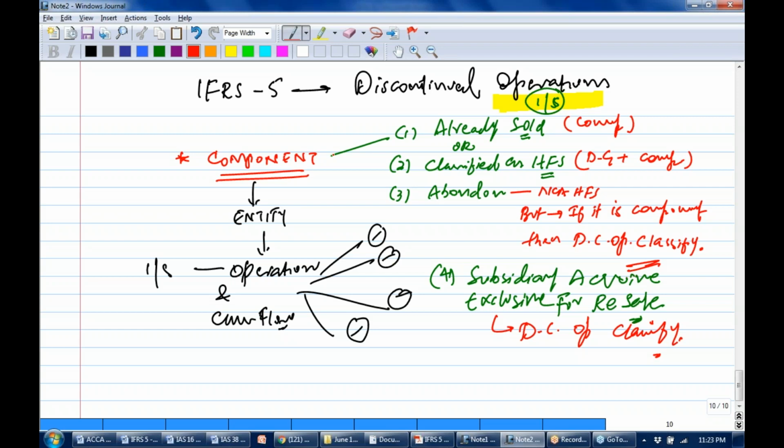So: component already sold, component classified as held for sale, discontinued operation. If a component is abandoned, discontinued operation. And this subsidiary is by default a component.